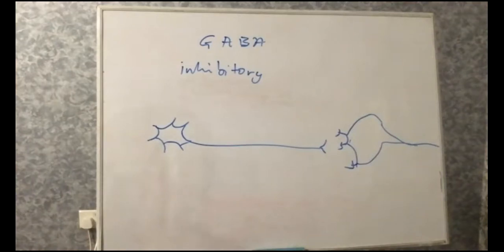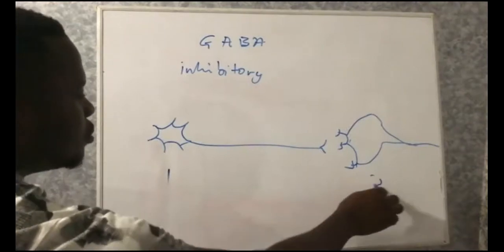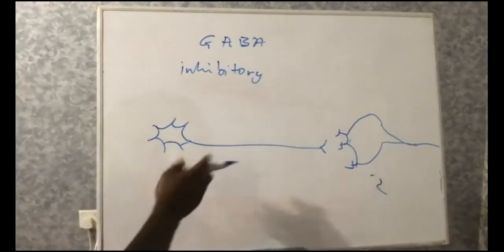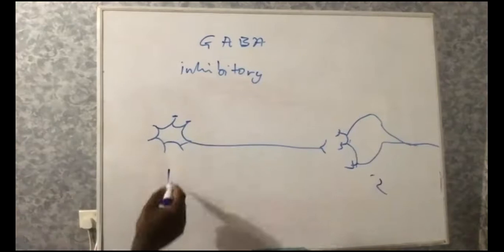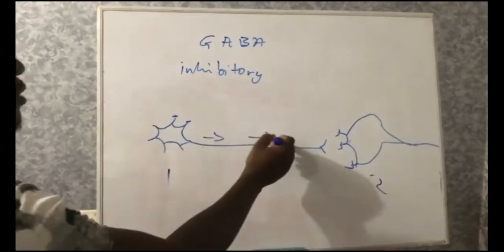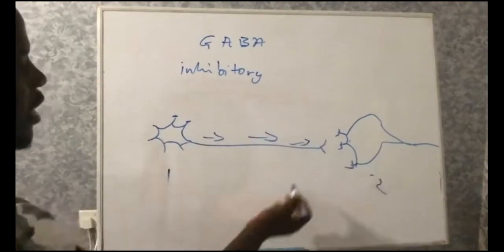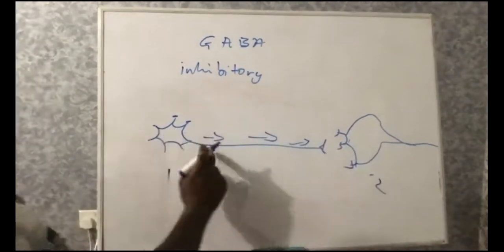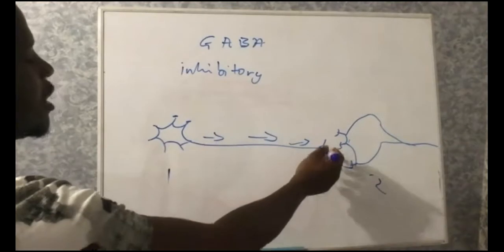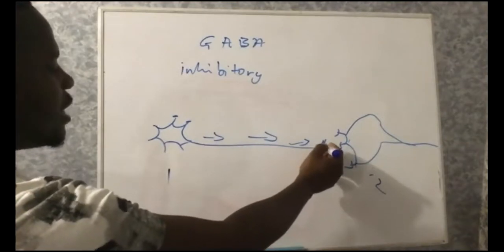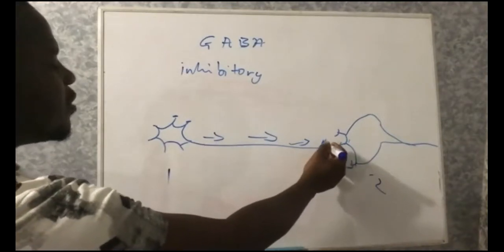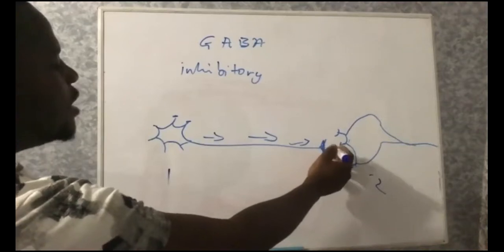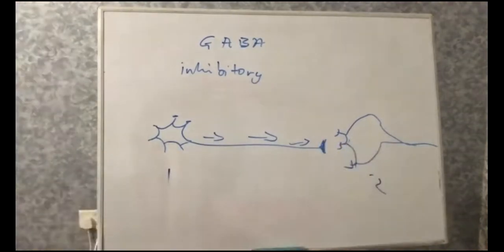So this is neural cell 1, neural cell 2, right? Normally there is stimulation here, and then the information will be transferred this way. Once it gets to the axon knob, so this is the cell body, this is the axon, and this is the axon knob, there is release of substances which will communicate with the next cell.